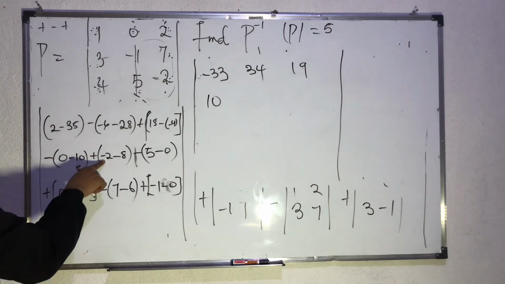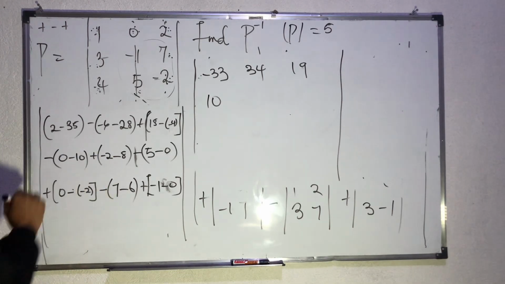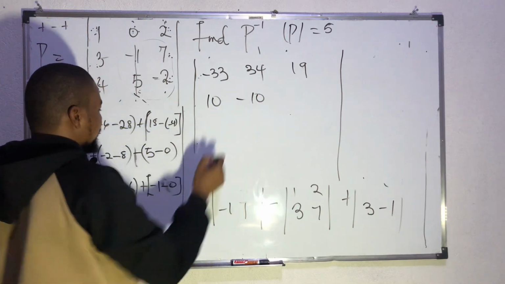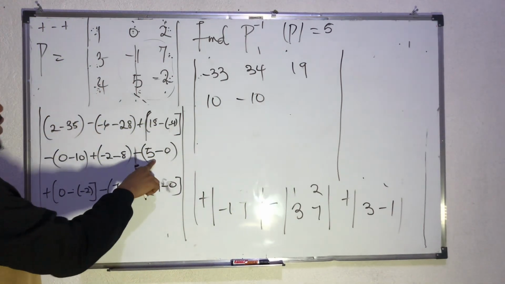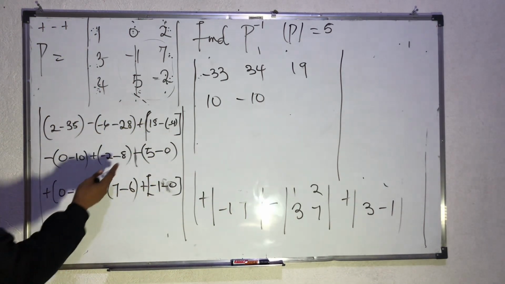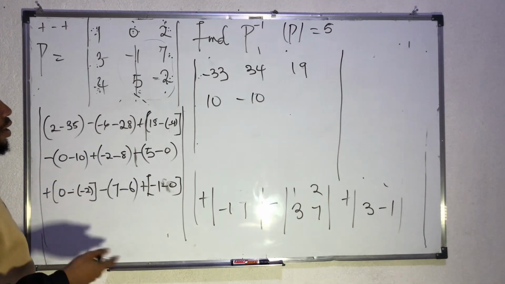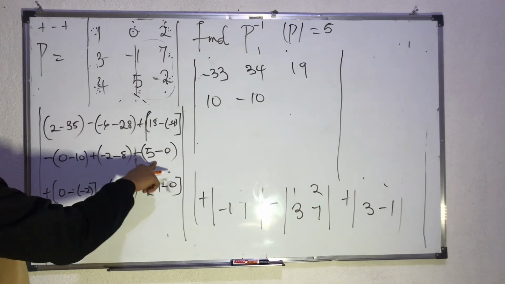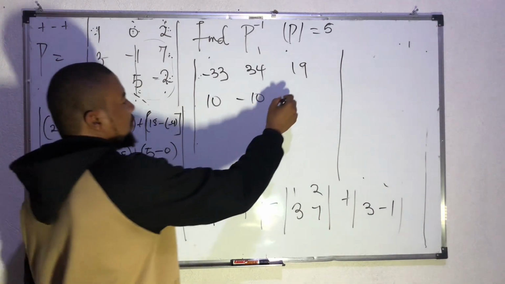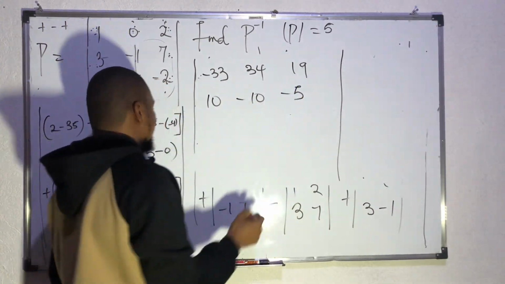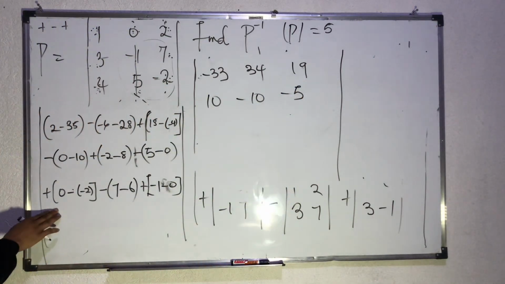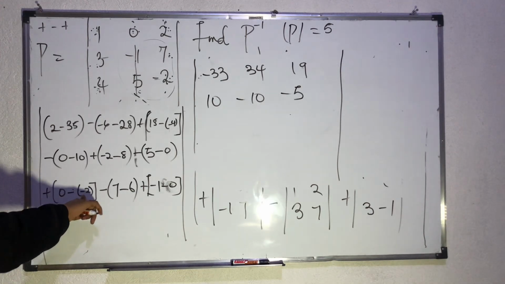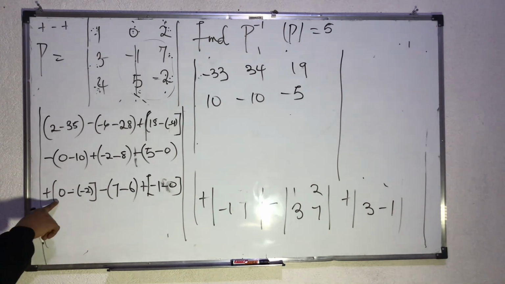Next up, we have negative 2, negative 8 gives us a negative 10. For the other one, 5 minus 0 gives us a 5. Negative multiplied by 5 gives us a negative 5. For the last row, we have negative multiplied by negative gives us a positive.